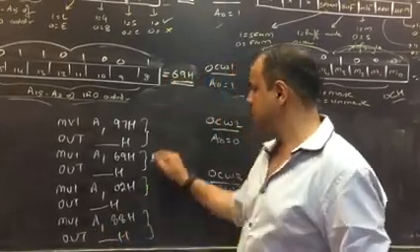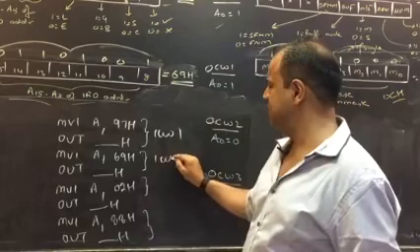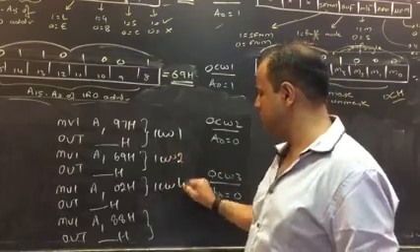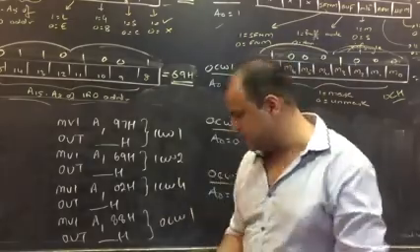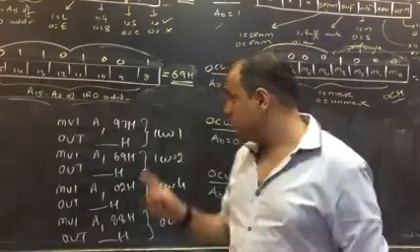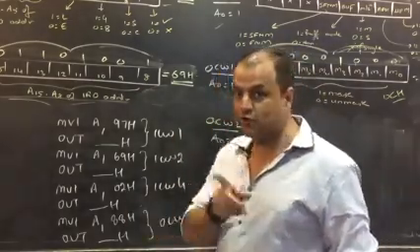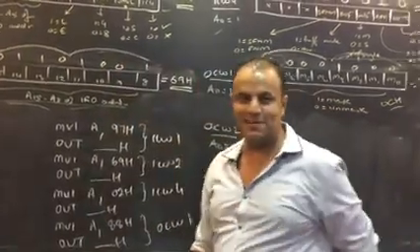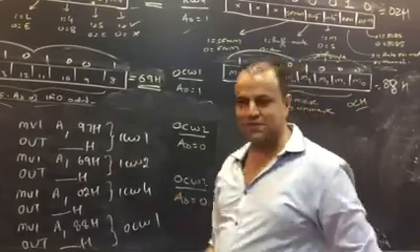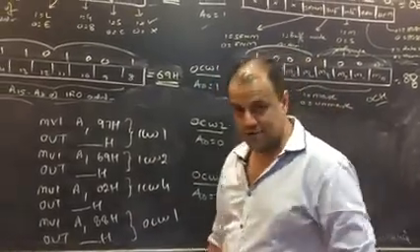What are these? ICW1, ICW2, ICW4, OCW1. This is how you will be giving your commands. Are you clear? Please do not change this order. You change this order, the commands will not be accepted. If you remember, right in the beginning of the video, I had told you the commands have to be given in a particular order. So this is the only way you can give it. Do not change it.